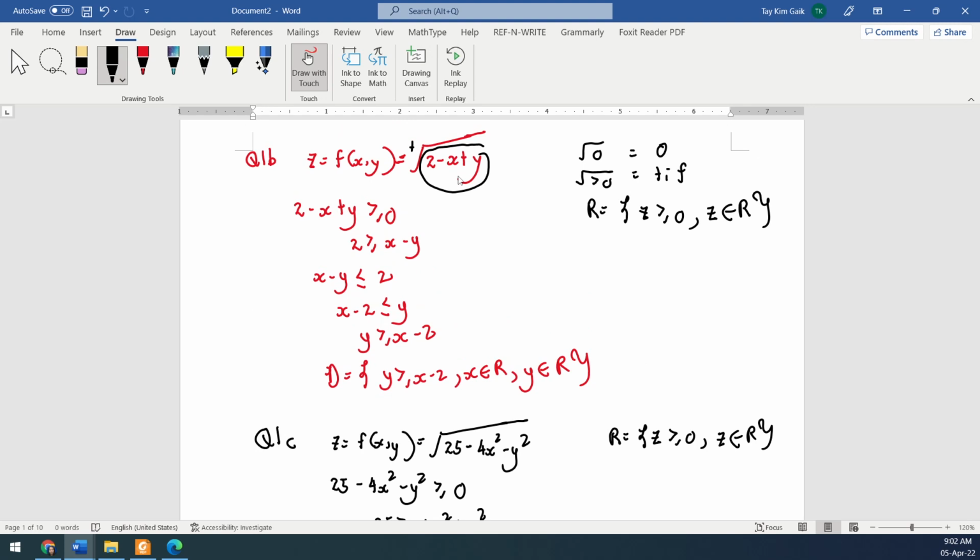The function inside the square root has minimum 0, so square root of 0 you get 0. When the function is positive, square root of a positive number, you get positive. That's why you have 0 and the positive numbers, which means z is greater than or equal to 0. So this is question 1c.